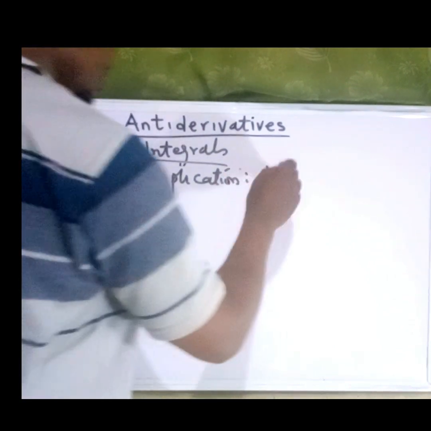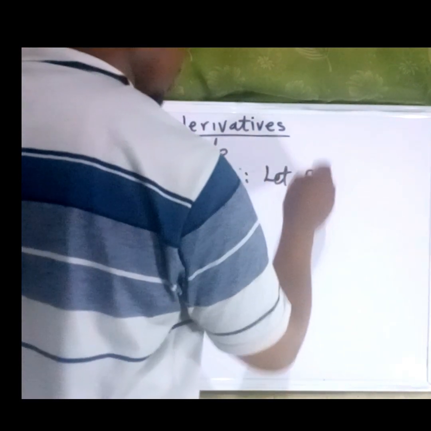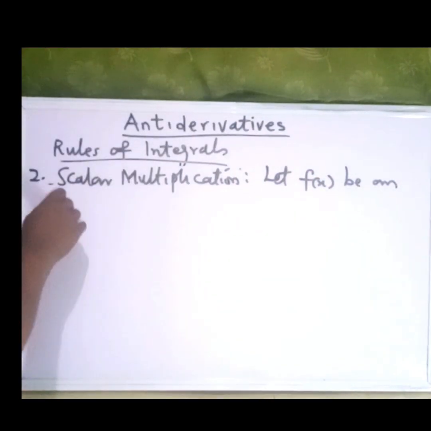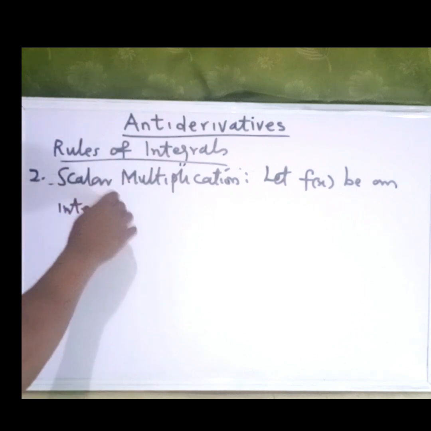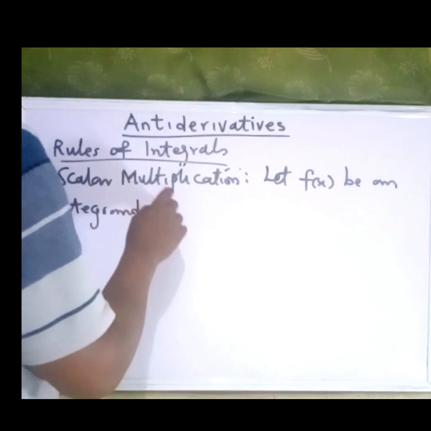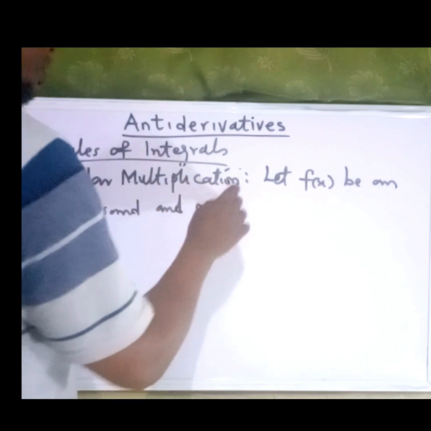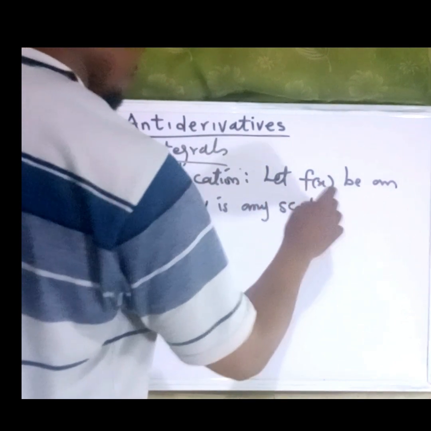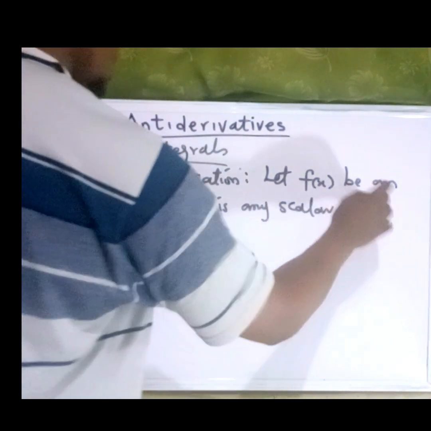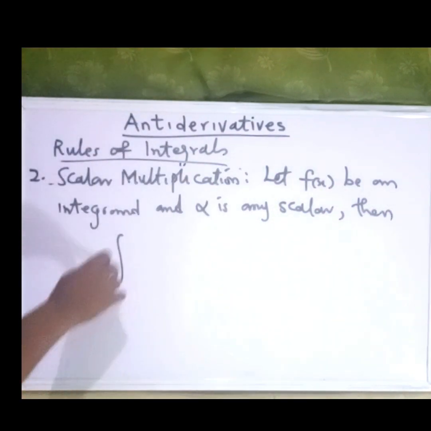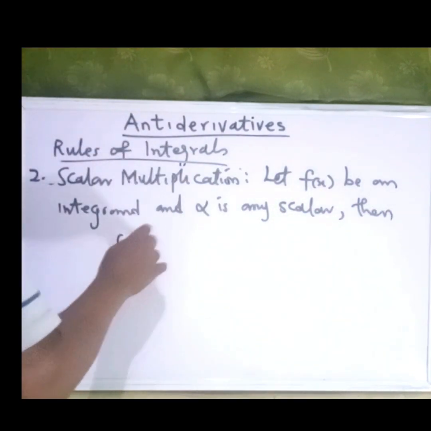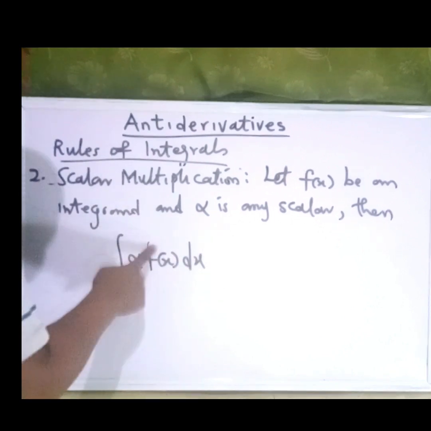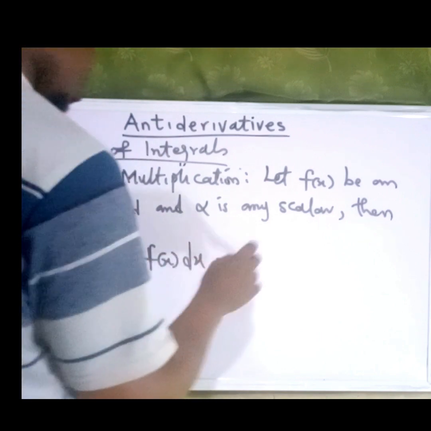Again, let f of x be an integrand and alpha is any scalar, then the integral of the scalar multiplied by this is equal to this.